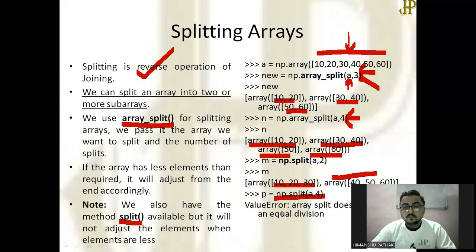So it will show an exception. So this is the basic difference between array_split and simply split. array_split will adjust accordingly and automatically, but split will give an error.